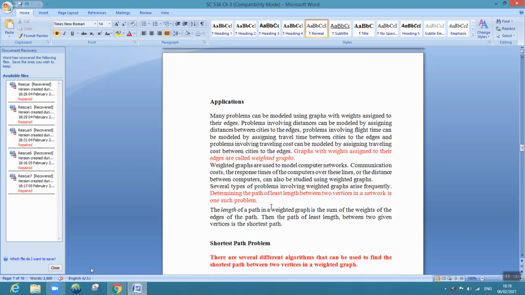Problems involving flight time can be modeled by assigning travel time between cities, and problems involving traveling cost by assigning cost. So those are called the weights, which could be time, traveling distance, or traveling cost. A graph with weights assigned is called a weighted graph.